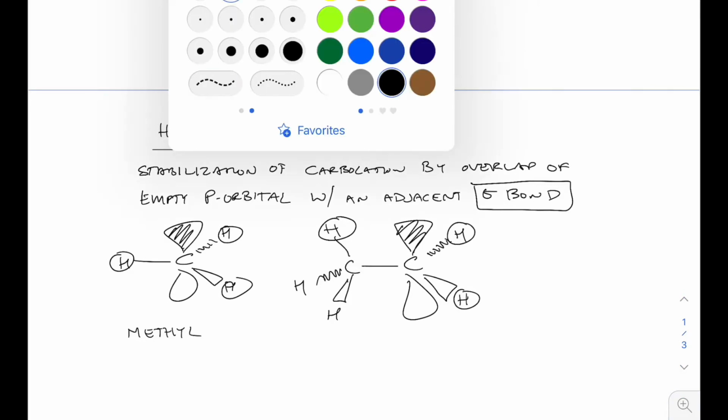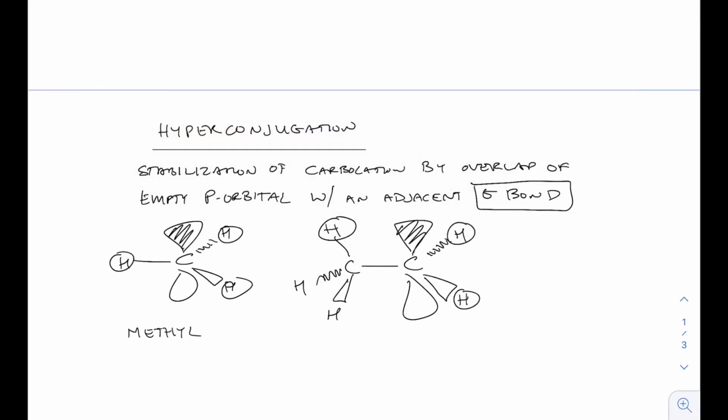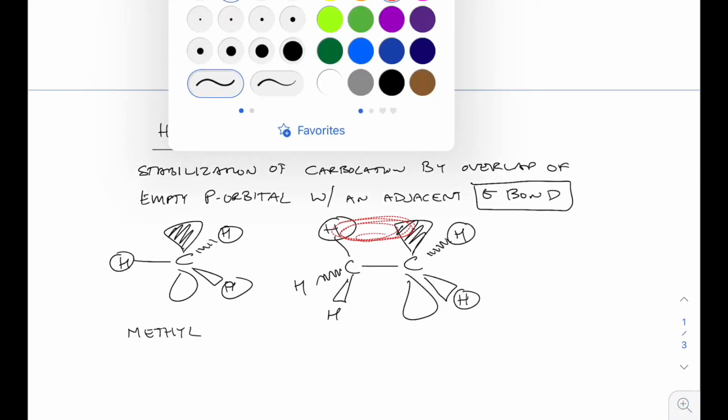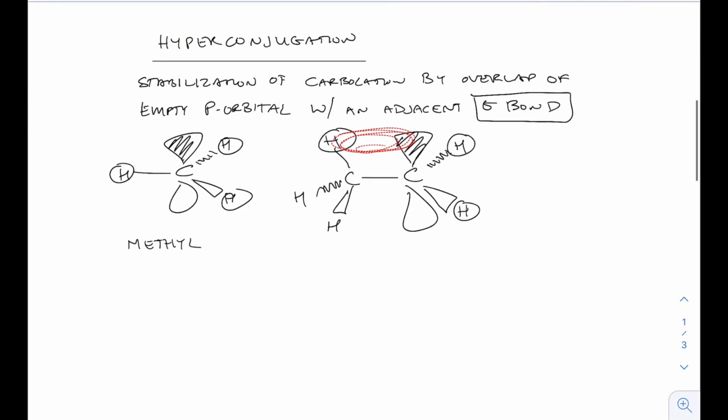Now that p orbital can overlap with that adjacent CH bond that's sticking up here. The electron density from that carbon hydrogen sigma bond overlaps with that adjacent p orbital, essentially providing electron density to help stabilize that carbocation. And so this is the case for a primary carbocation, right?